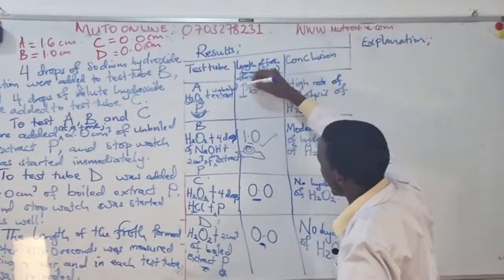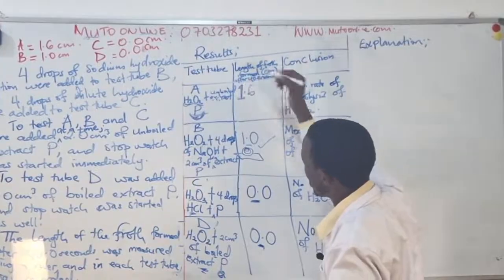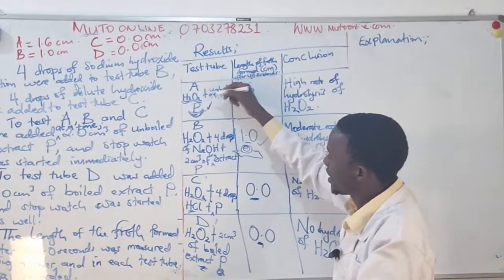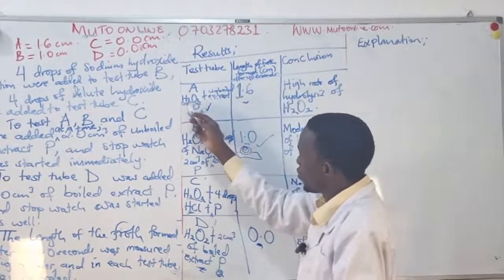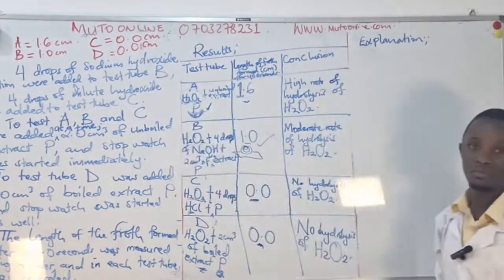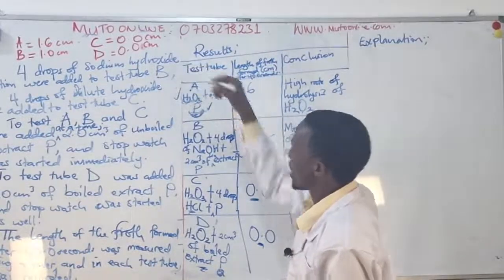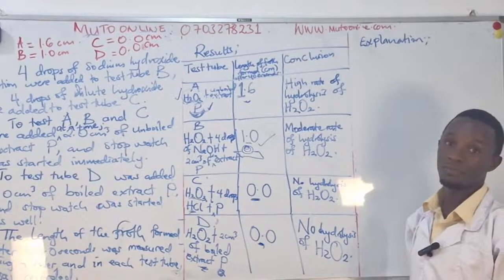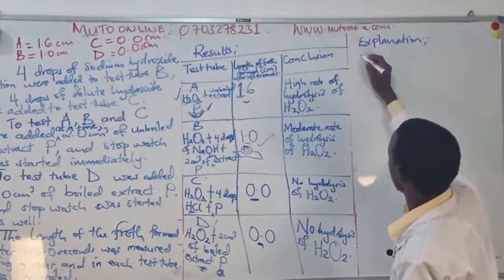Since the neutral pH is showing to us that the active substance in P is more active, it will remove the traces of hydrogen peroxide within a short period of time. It will remove more of the hydrogen peroxide within a short period of time. All right, let's wait and see.